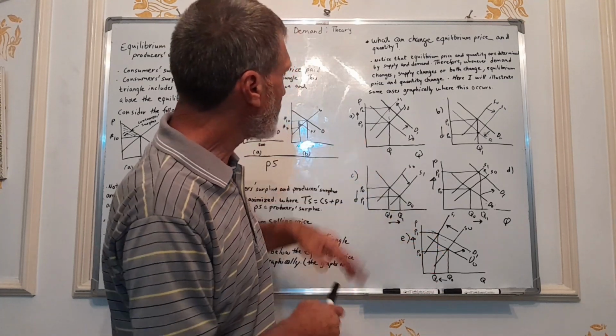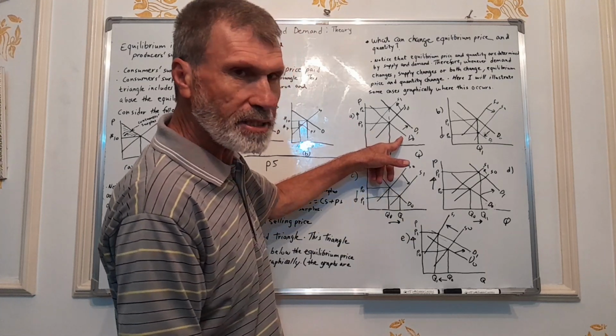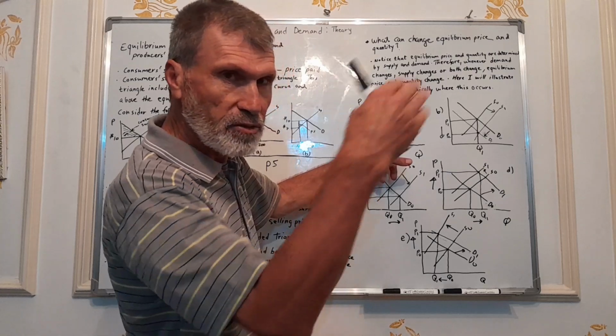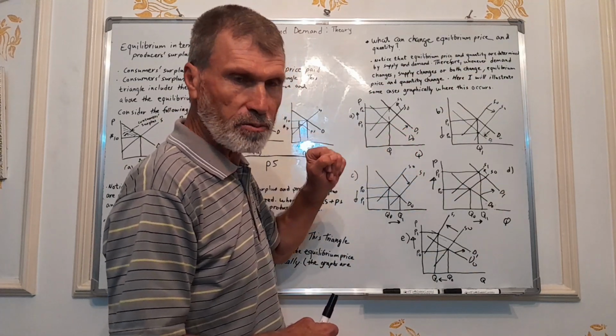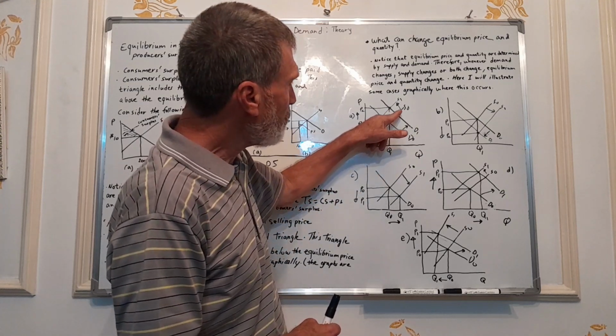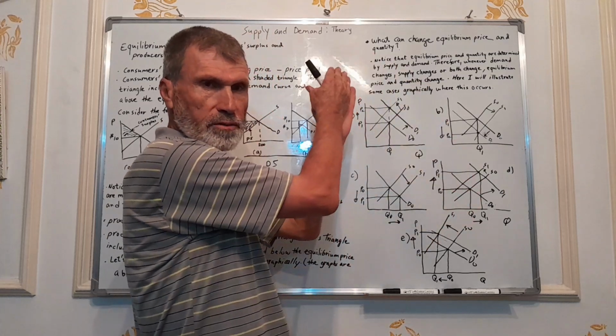In the first case, A, the demand rises, that is, it shifts to the right from D0 to D1, as you can see from the arrow. And the supply falls from S0 to S1, shifting leftward.